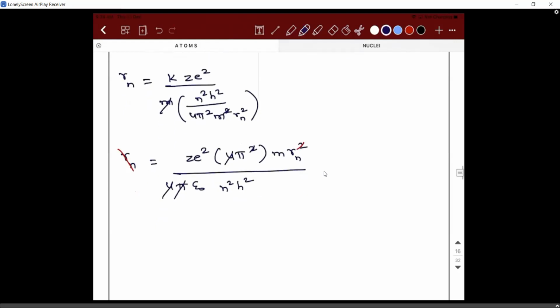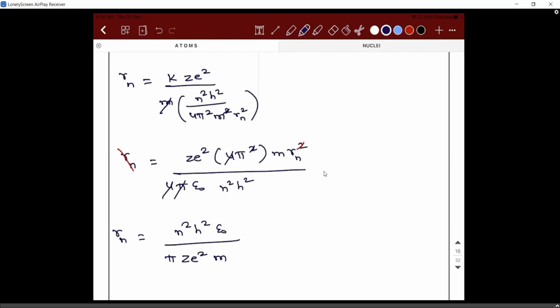So Rn is equal to how much now? This is the right expression: n square h square epsilon naught divided by pi z e square m. Yesterday, I think we got m in the numerator. That is wrong. So this is the expression. By substituting all the values, h is equal to 6.626 into all those values.